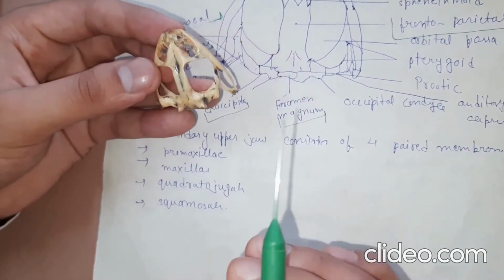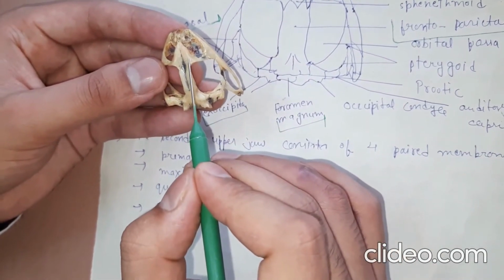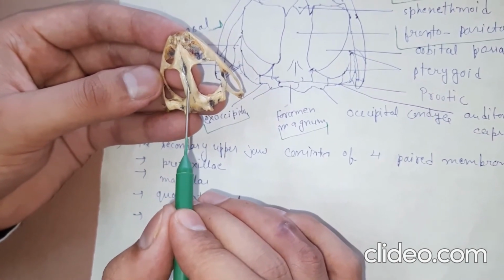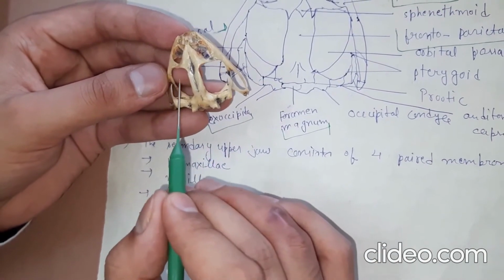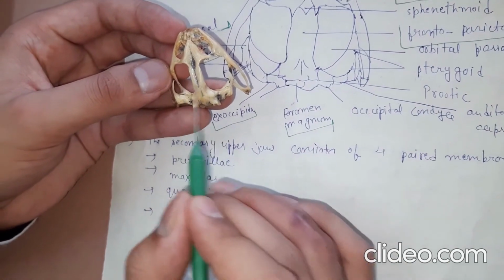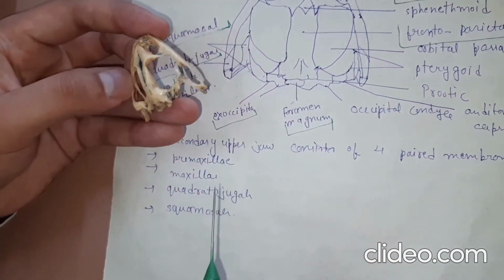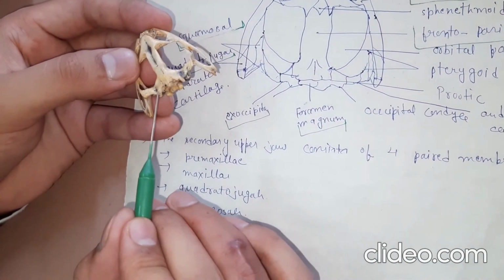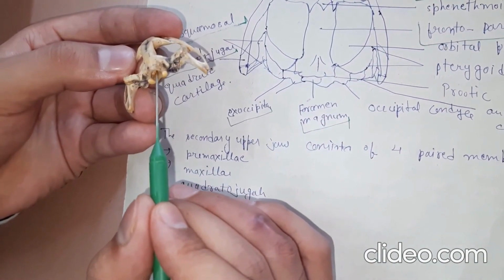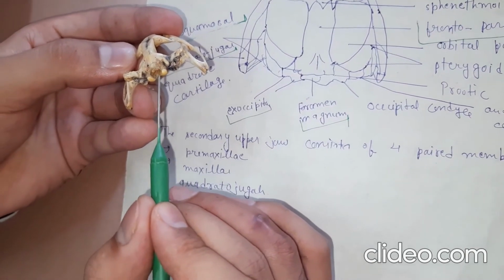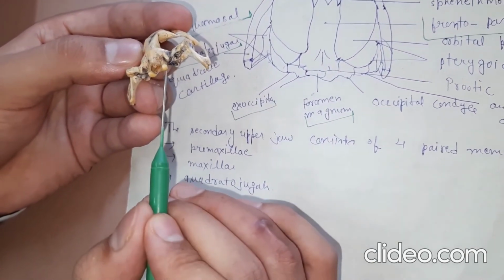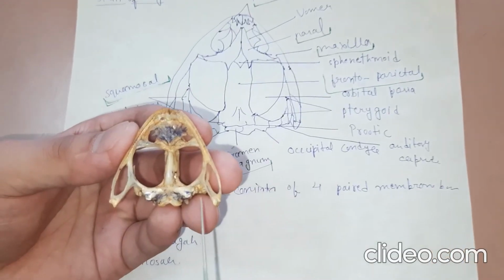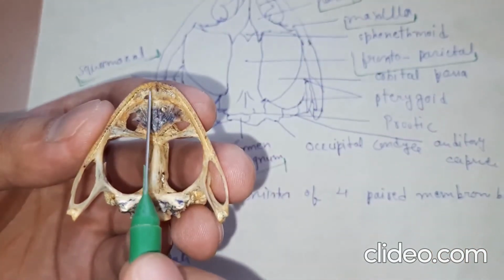The other parts are, this one is nasal, this is frontoparietal, these two are orbital fossae, and this is exoccipital, and this is foramen magnum. This is occipital condyle.